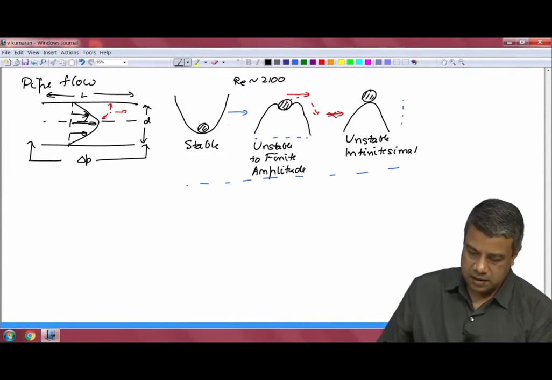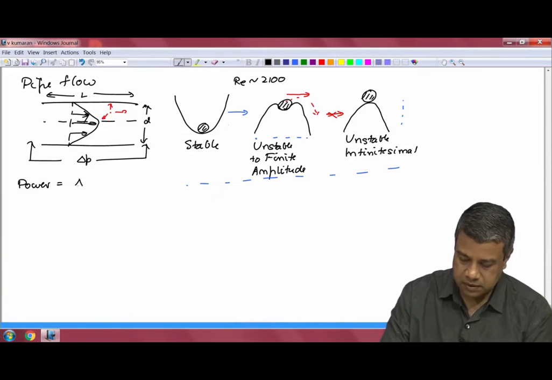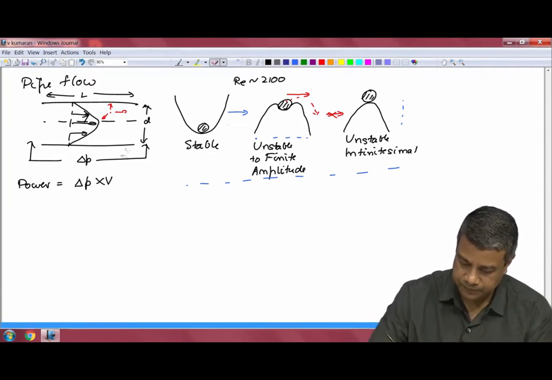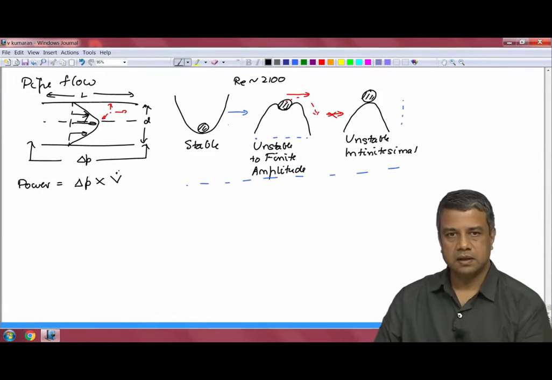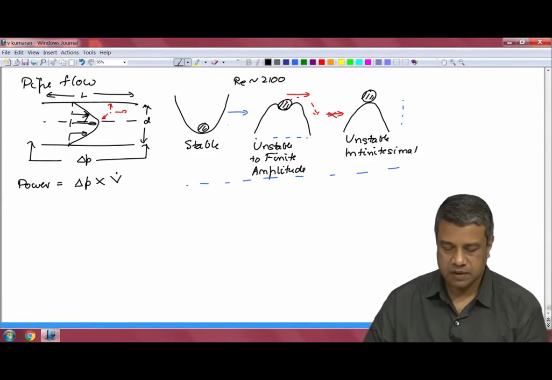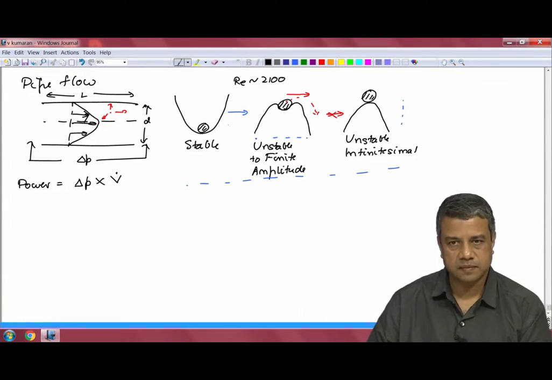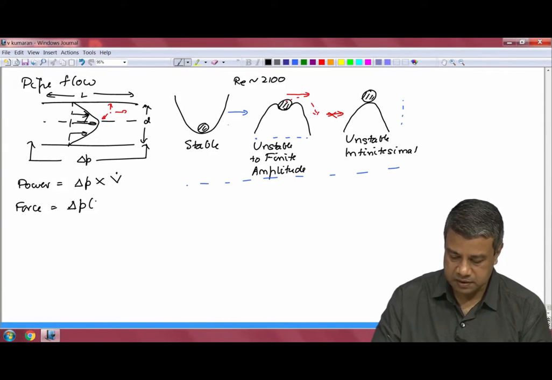The power required can be written as the difference in pressure times the volumetric flow rate. Let me just motivate this for you. If you have a pressure difference across the ends of the pipe, the force exerted due to this pressure difference is equal to the pressure difference times the cross sectional area, pi d square by 4.